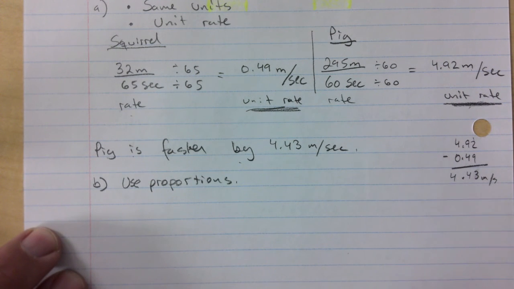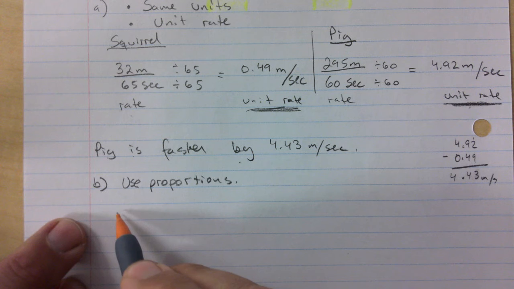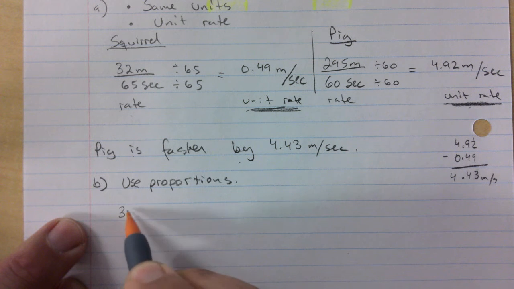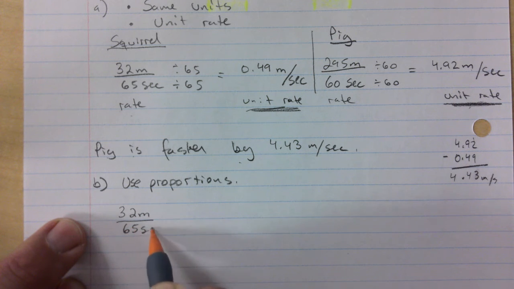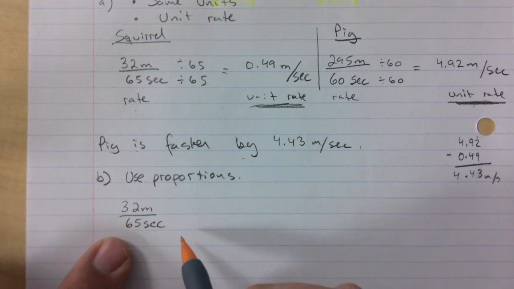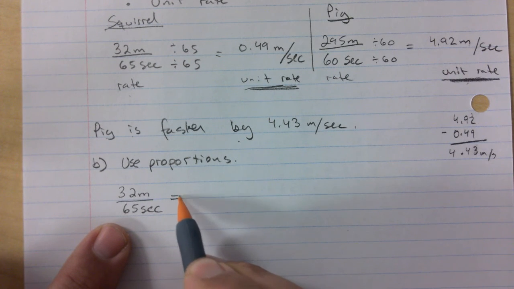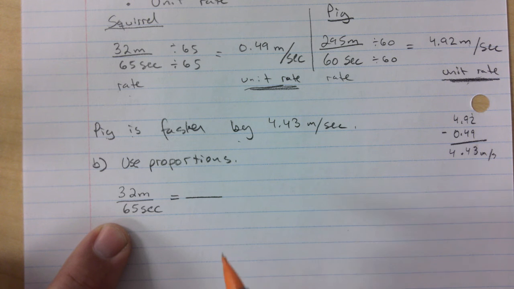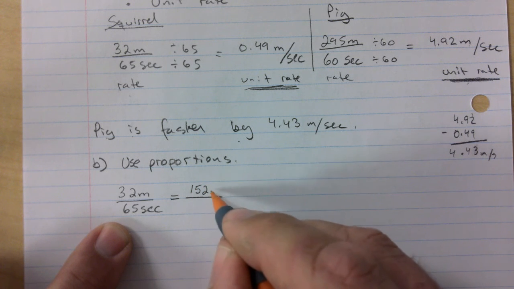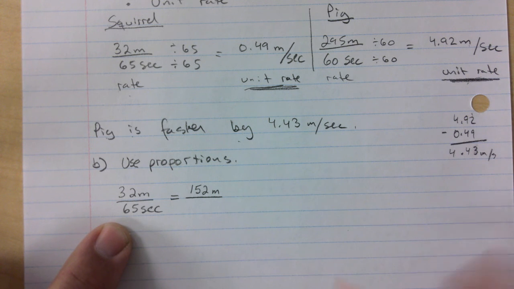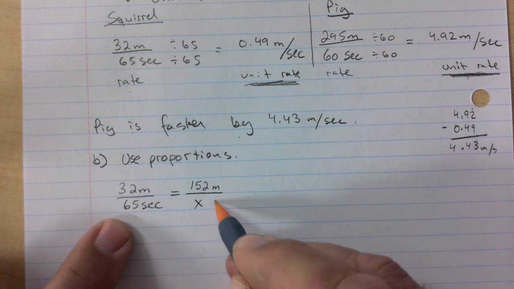So for the squirrel, we know, I'm going to go back to the original, 32 meters in 65 seconds. This is known to me, and now it's asking how long would it take to run a distance of 152 meters in X number of seconds.